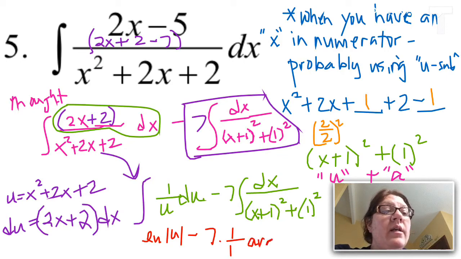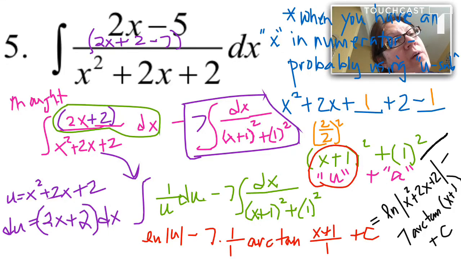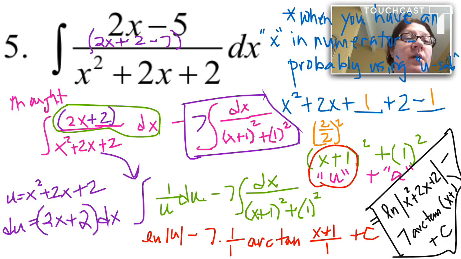And then arctan of u over a, but keep in mind my u was x plus 1, and then plus c. And then I'll go back and substitute in for u, and hopefully you're pretty good at reading sideways. So there's my final simplified answer. Bravo!